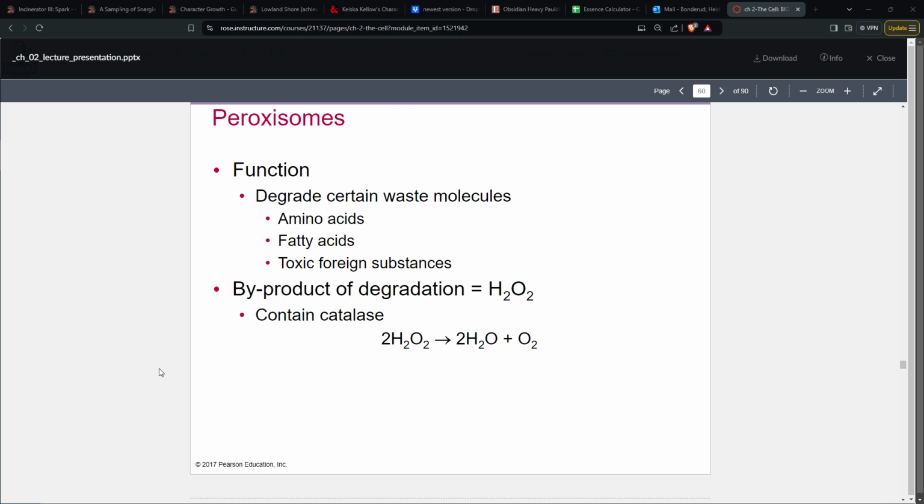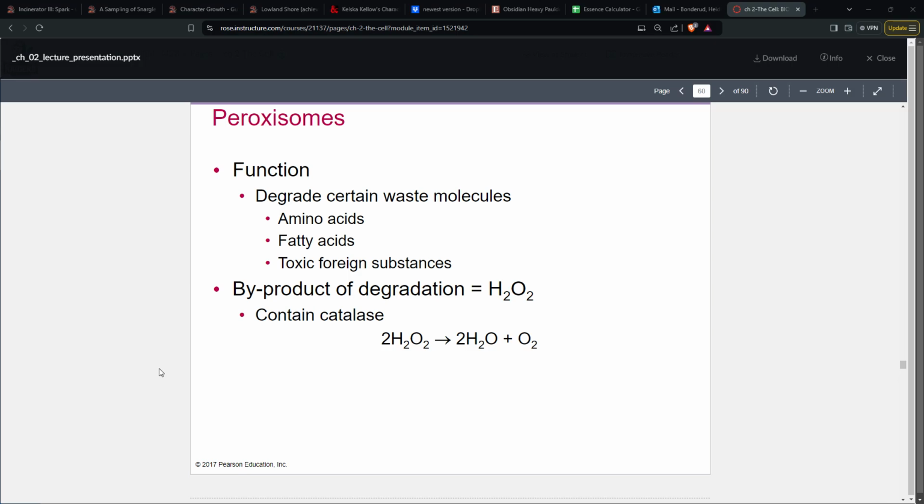By breaking these down, they create a byproduct called H2O2. Some of you may already know this chemical formula. This is peroxide. Peroxide is deadly to your cells.